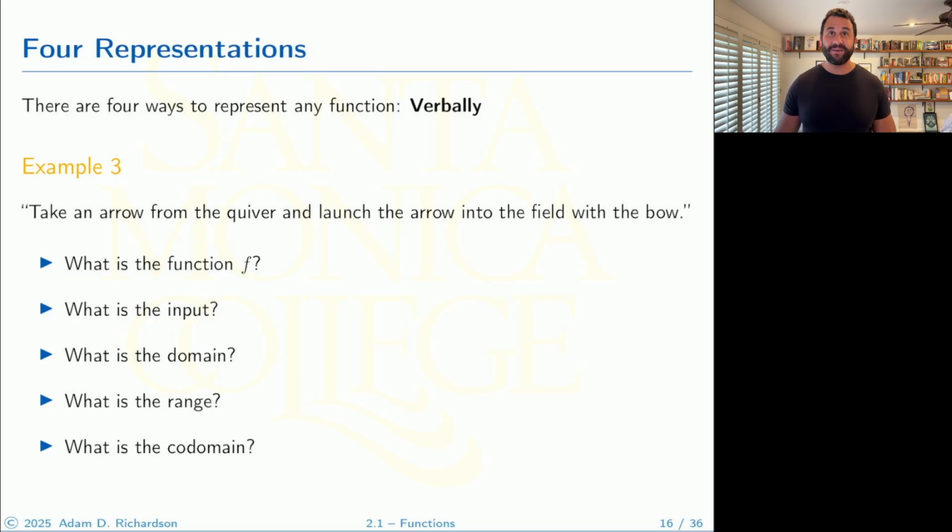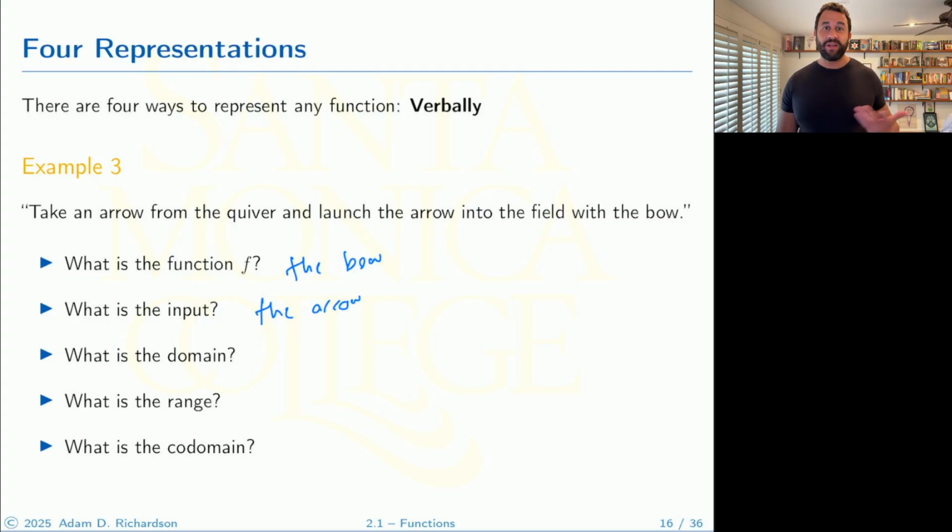Take an arrow from the quiver and launch the arrow into the field with the bow. What is the function f here? Well, in this case, the function f is the bow. The bow is the thing doing the launching. That's the process. What is the input? The input is something that can be launched. In this case, it's the arrow.